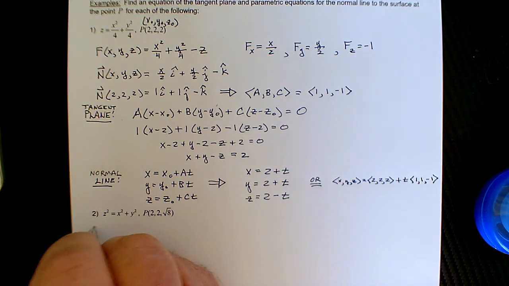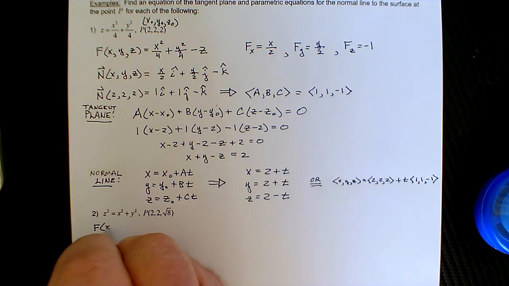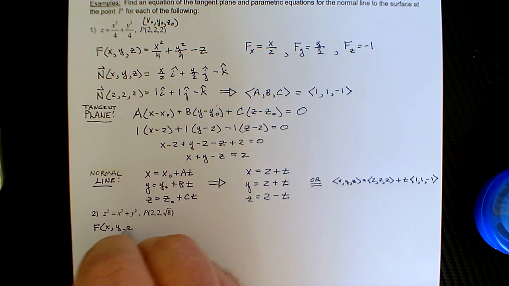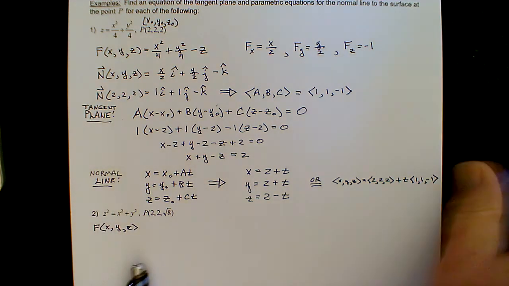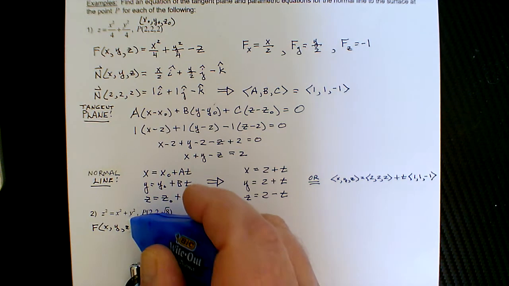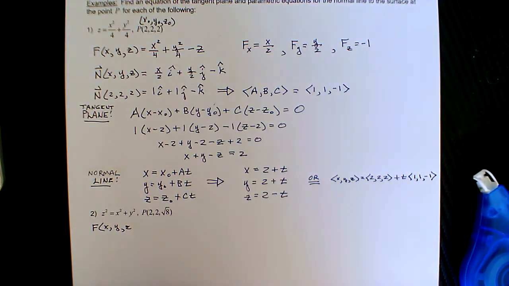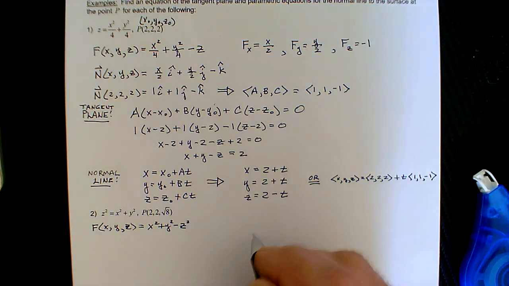So here we'll first form the function f of x, y, z again, and that is easiest to just simply transpose the z squared, so x squared plus y squared minus z squared.